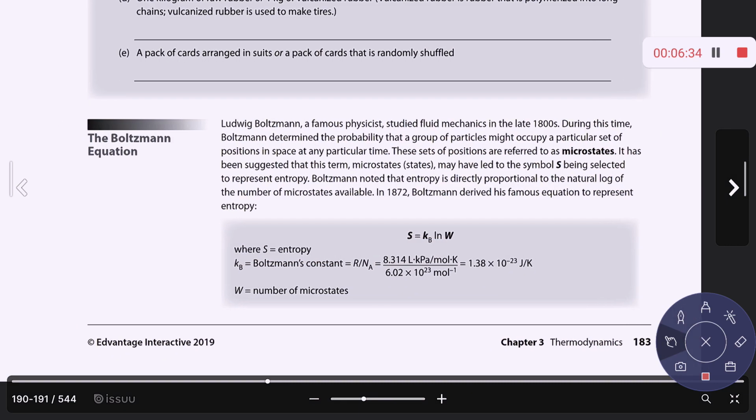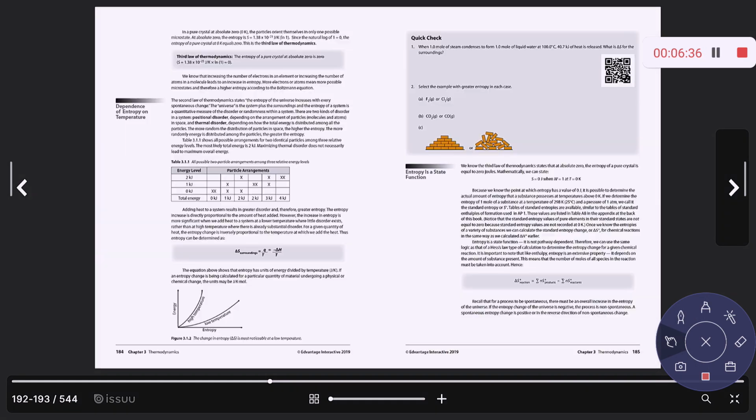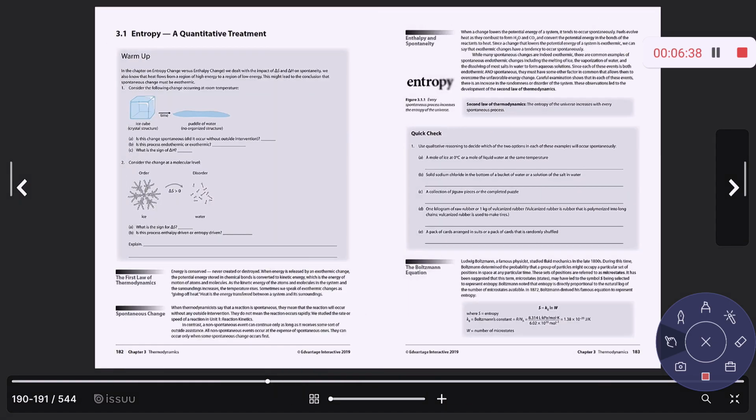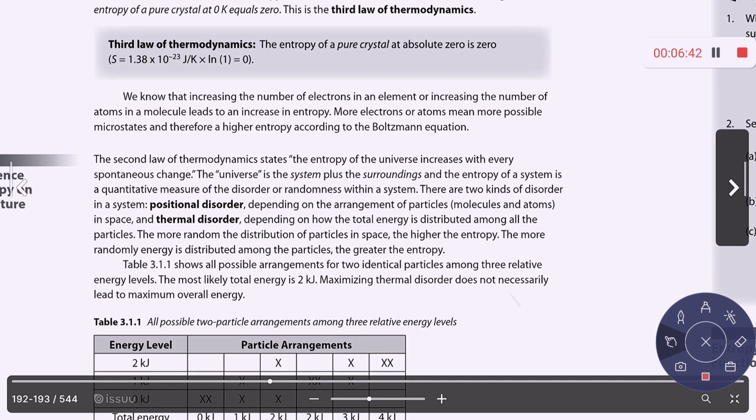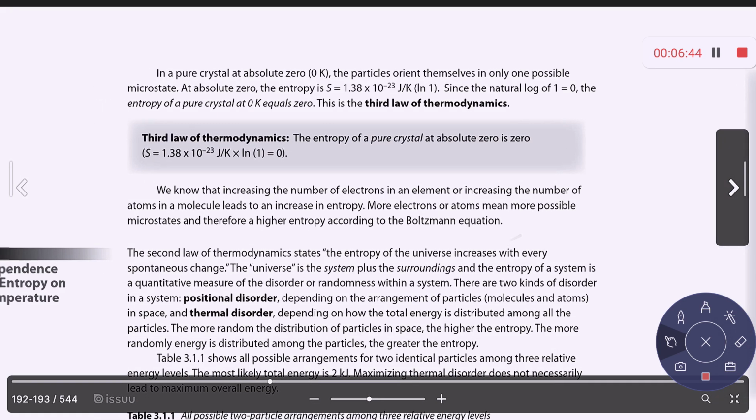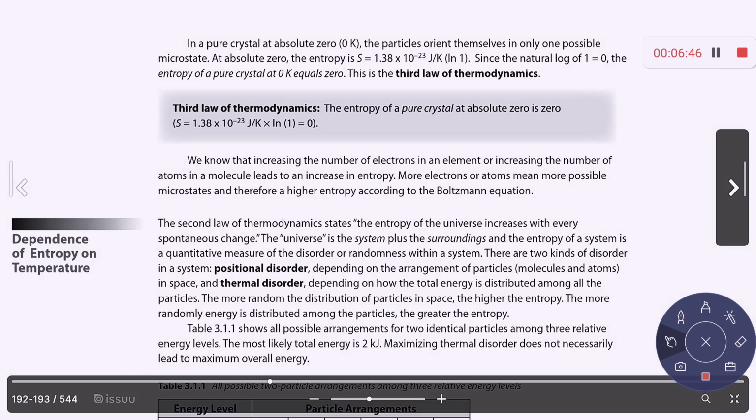Now, if you take a look at the next page, let's talk about how we define standard entropy. So if I have a pure crystal and I'm at absolute zero, which is 0 Kelvin, the particles can only be in one possible microstate.